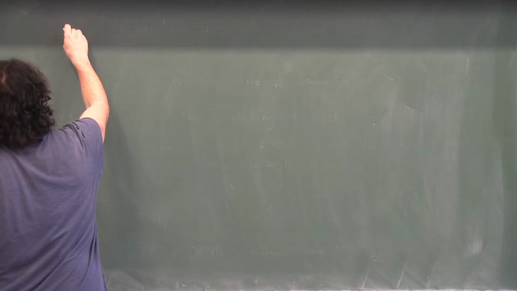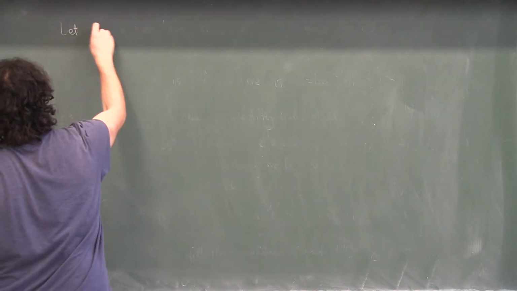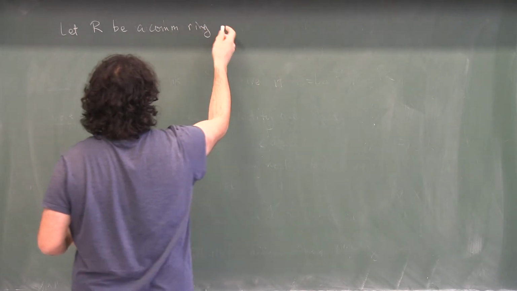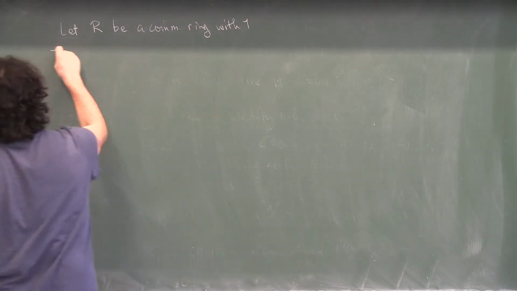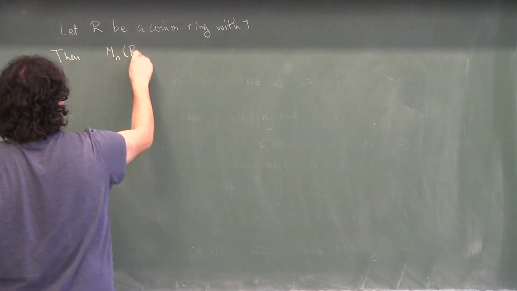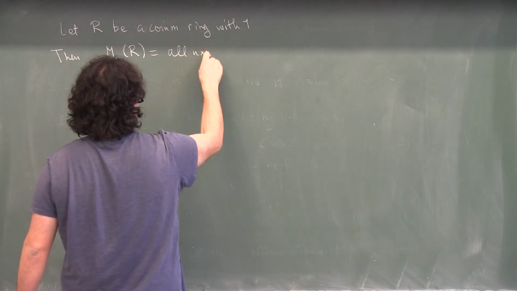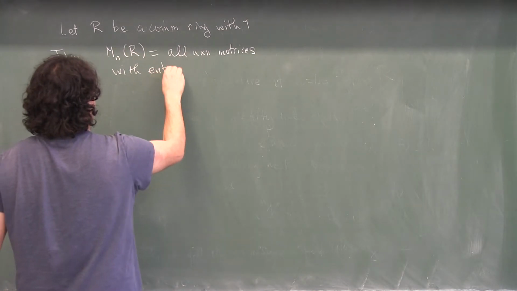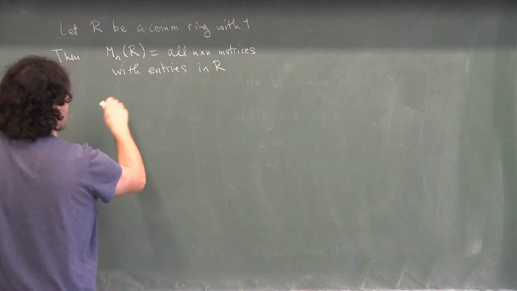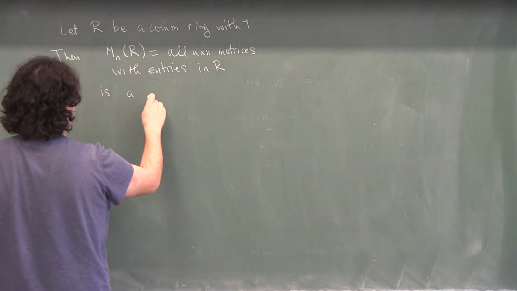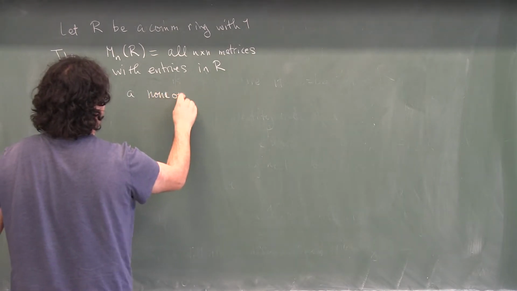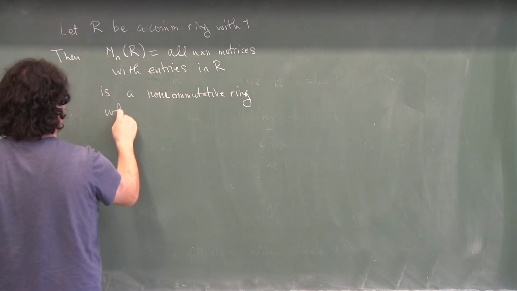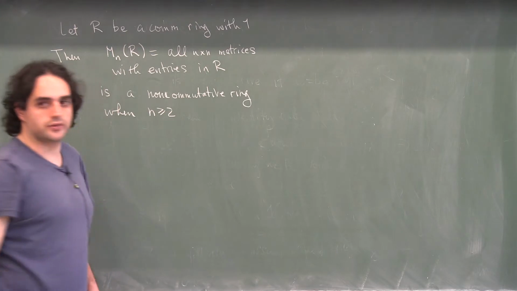A very nice non-commutative ring: let R be a commutative ring with 1, then Mn(R) is the set of all n by n matrices with entries in R. This is a non-commutative ring when n is at least 2.